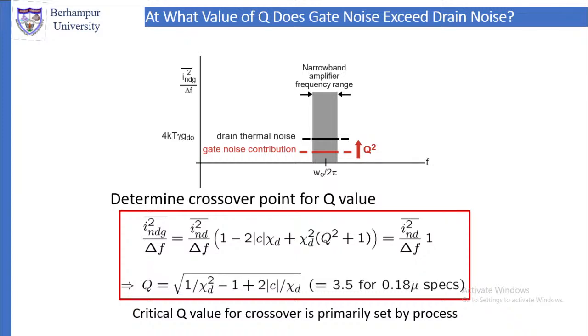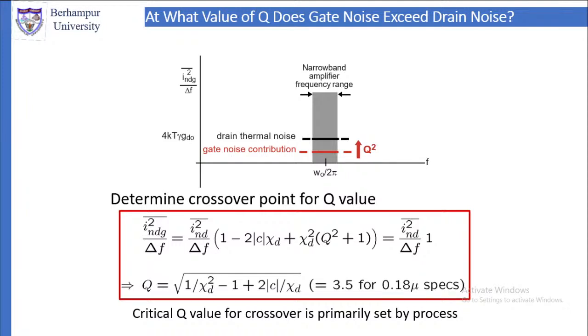Now look at this figure. This figure explains at what value of Q the gate noise will exceed the drain noise. The expression is for that. The red line shows the gate noise contribution. The black line shows the drain or thermal noise contribution, which is 4 kT gamma GD0.